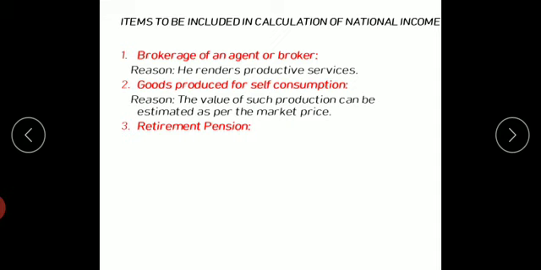This is a part of your wage and salary, and you are earning it by giving some productive service to the company in the past. No doubt now you are retired, but you gave some service in the past, and because of that the company takes care of your present needs by giving you some pension. The government also gives pension to its employees after retirement. So retirement pension is a productive income. Okay, it will be included.